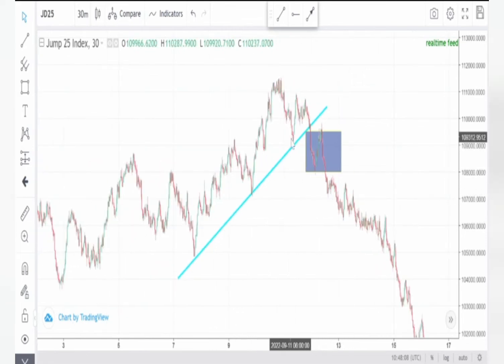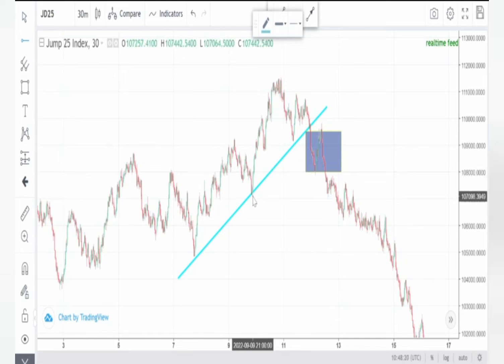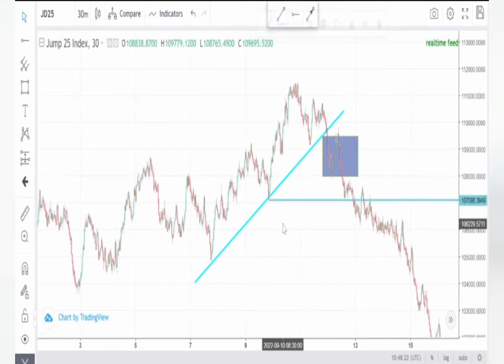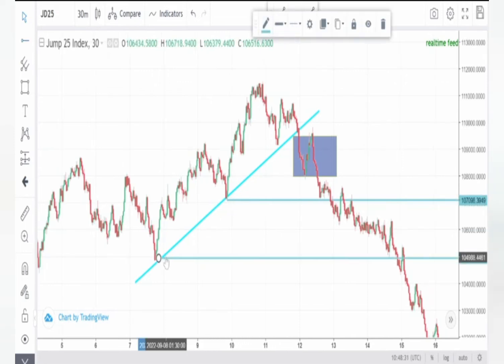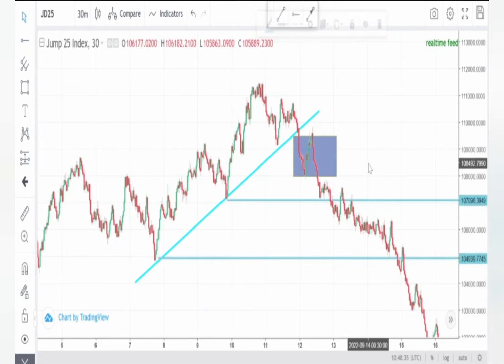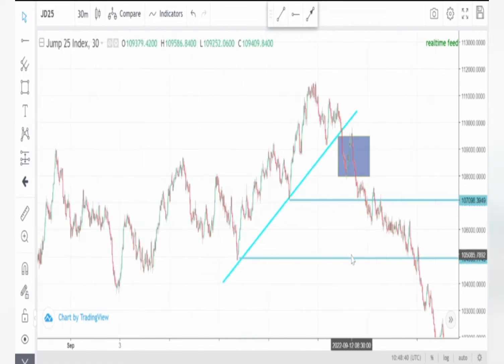Another thing about the trend line is how you take your profits. A good strategy, the one I commonly use, is that you're supposed to draw lines on the previous touches of a trend line. For example, this would be the first take profit, and then the second take profit would be this.